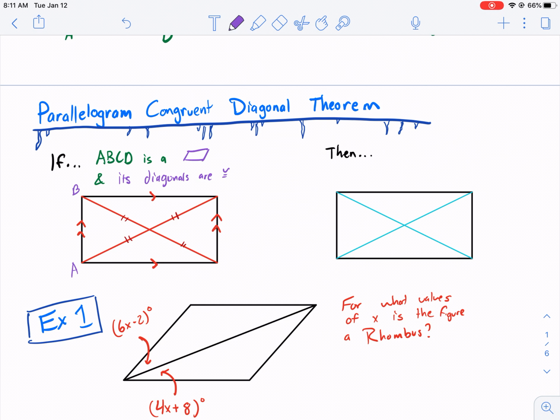A, B, C, D. Maybe I should give it something a little bit more original. First off, I got to add these in here. Then ABCD is a rectangle. It's a rectangle, not a rhombus necessarily.